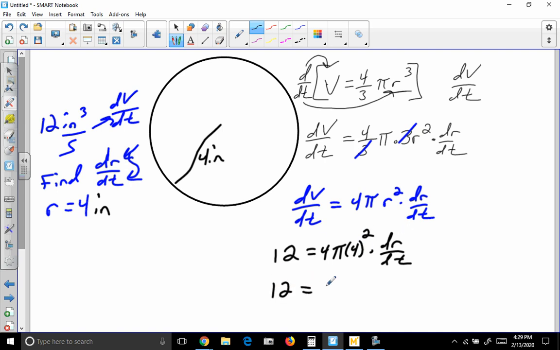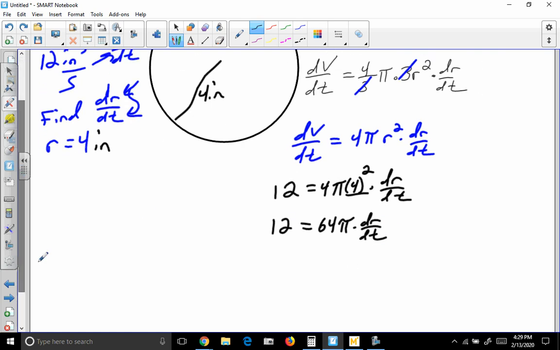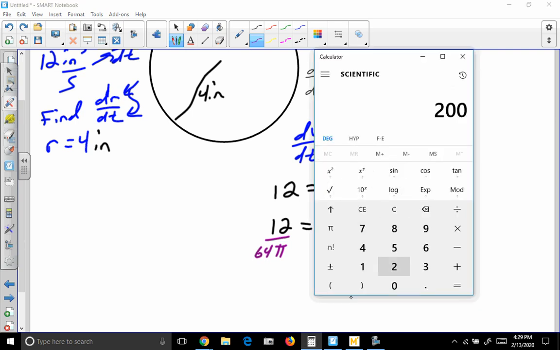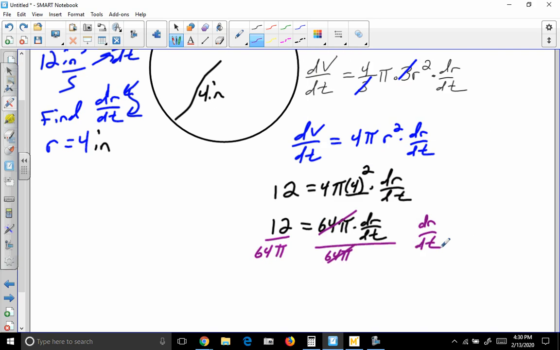So on the right side, we have 4 squared, that's 16, times 4, so 64 pi times dr/dt. To get dr/dt, divide both sides by 64 pi. So those cancel, and dr/dt is 12 divided by 64 pi, so about 0.06.